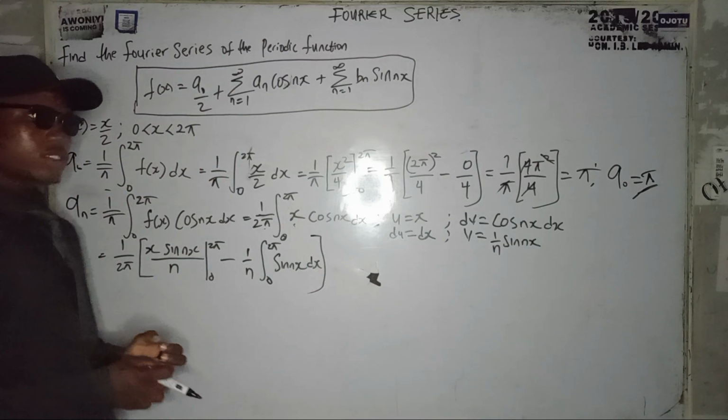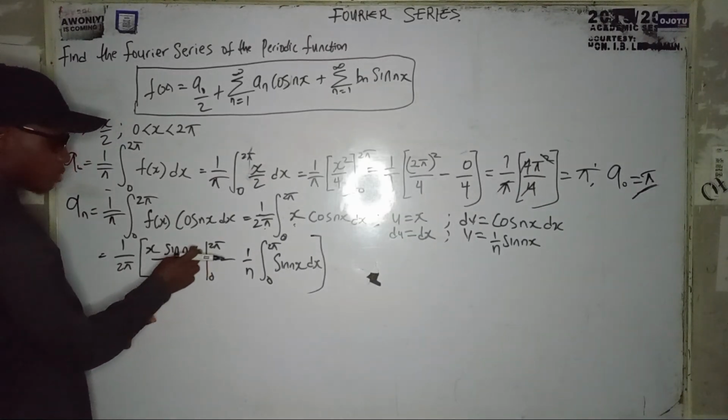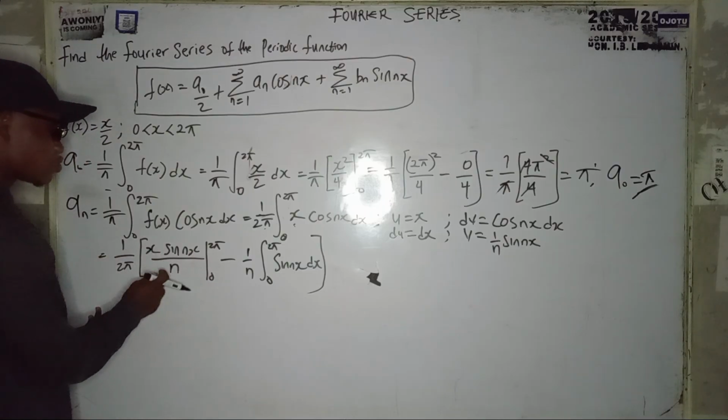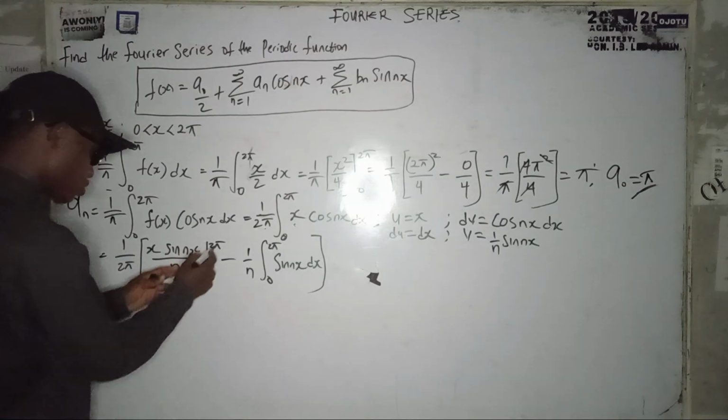So we just put in our values. One thing that we know is that at the value of 2 pi, sine nx will be equal to 0, and at the value of 0, sine nx will be equal to 0. So everything over here will be equal to 0 if you input these values.